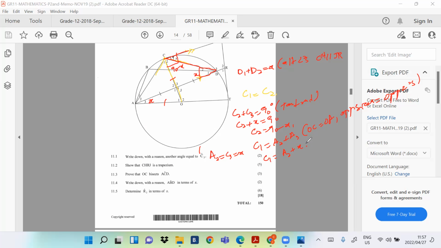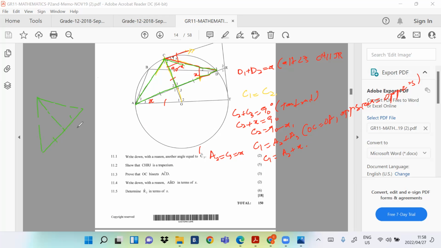Can you see this big triangle, the green triangle that I just highlighted, right? If I divide it here, it becomes like this.